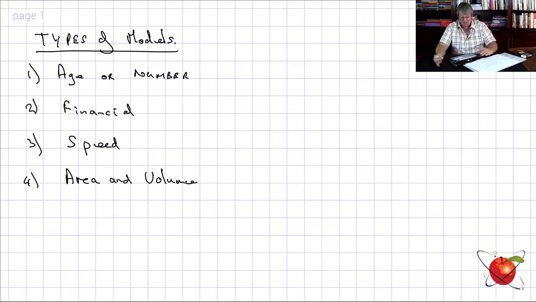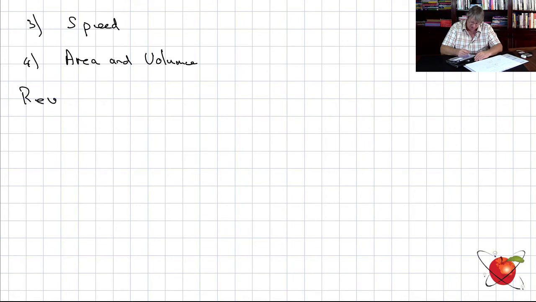So we get age or number problems, financial, speed, area, and volume type problems. I know there are rate problems. I'm just going to do these first as a section. Right, what do we need to do? First, let's look at some revision issues. Let's just do a quick revision.